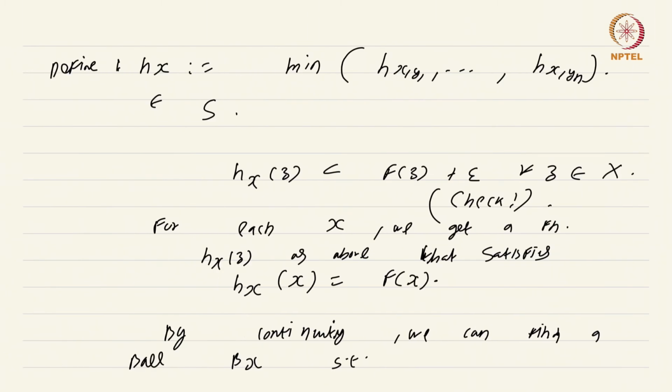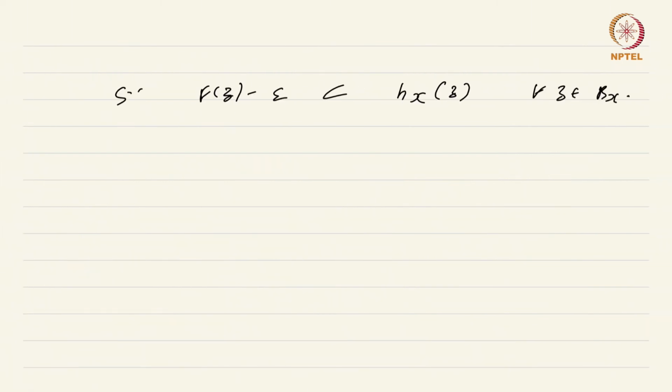So we can find a ball B_x centered at x such that f(z) minus epsilon is less than h_x(z) for all z in B_x. This is the same continuity argument again. By using the fact that this function h_x and f are both continuous, this is rather straightforward to see.